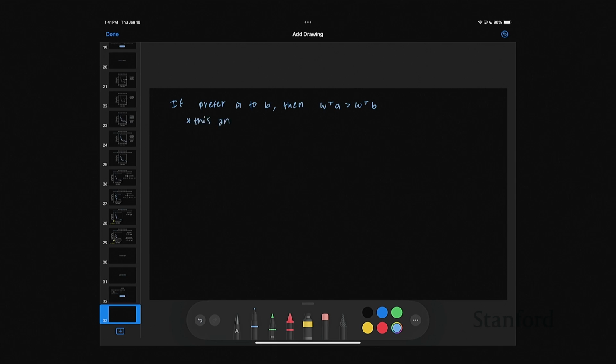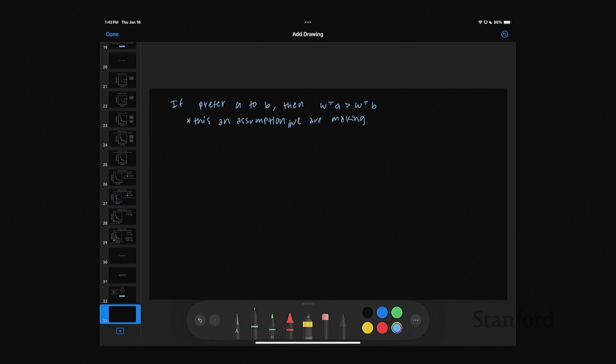So we are assuming that in his mind he has this weight vector. Maybe he doesn't know about it, but that's how he's making these decisions. This is an assumption we are making. And that's how he's making decisions when we ask him his preferences.